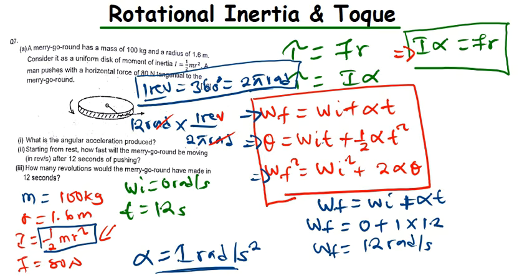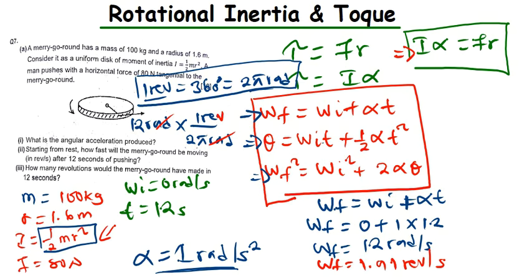So my angular final will be 1.9098. I'm just rounding off to say 1.91 revolutions per second.